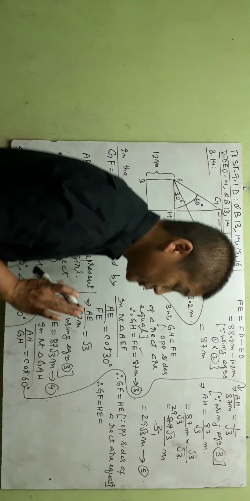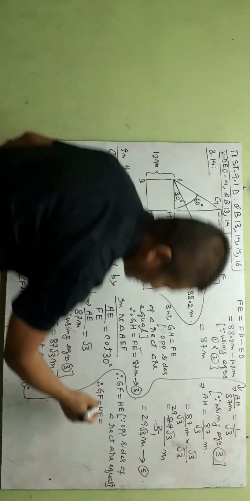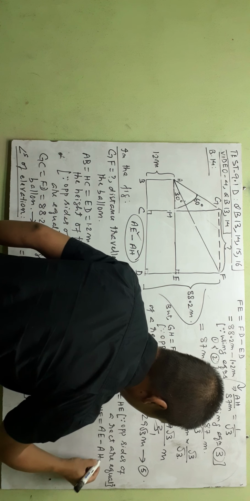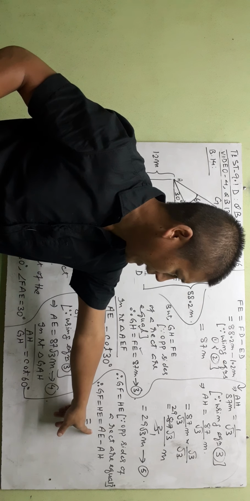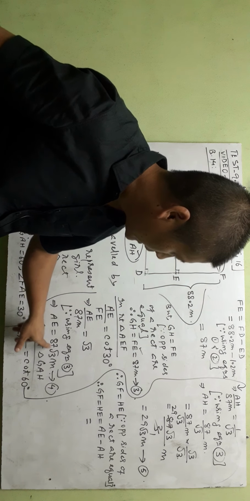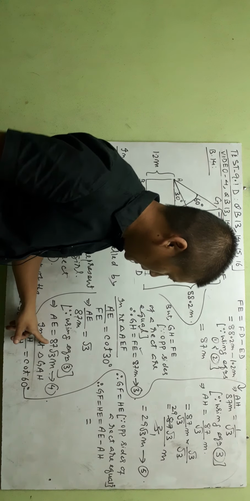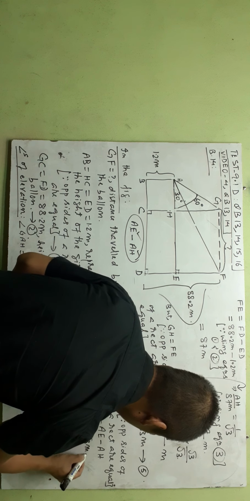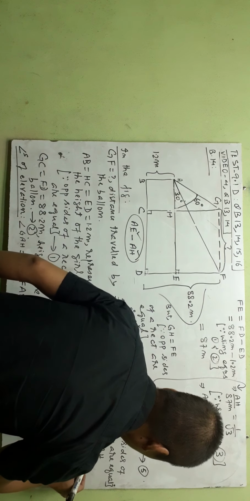And HE, if you observe carefully, we can change it to AE minus AH. Now we are very confident about this because we have the value of AE in equation number 4 and AH in equation number 5 just now. So AE 87 root 3 meter minus AH 29 root 3 meter.